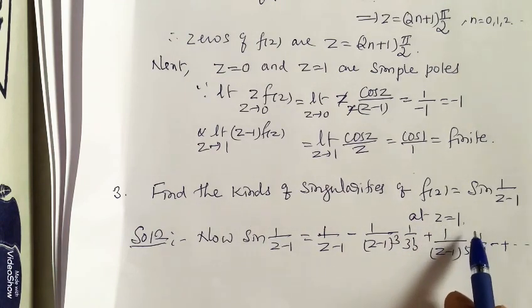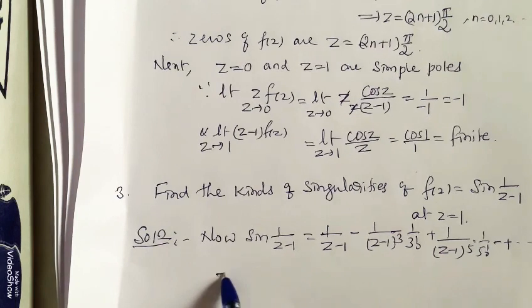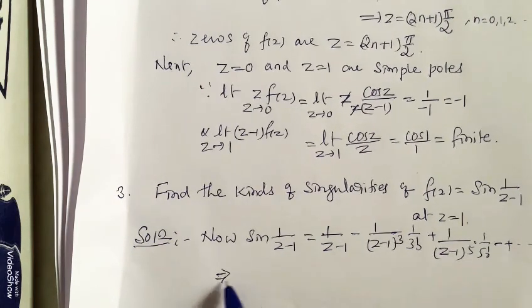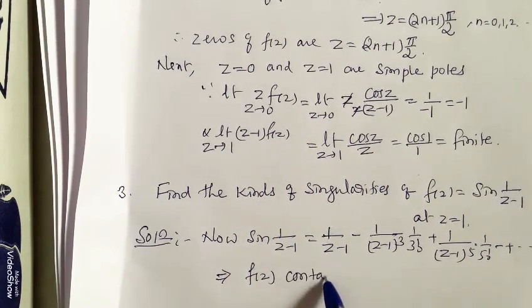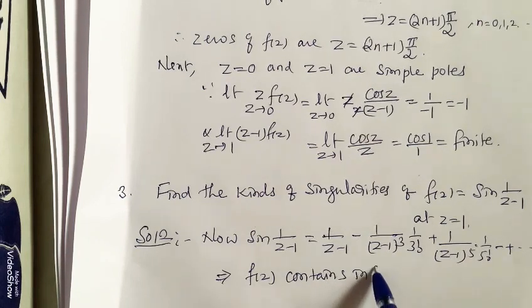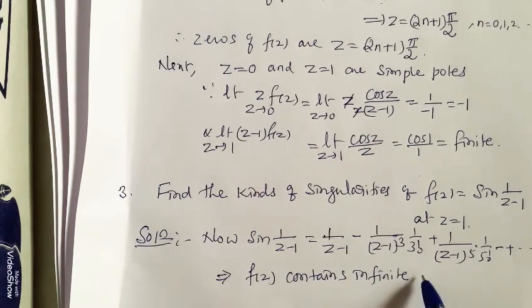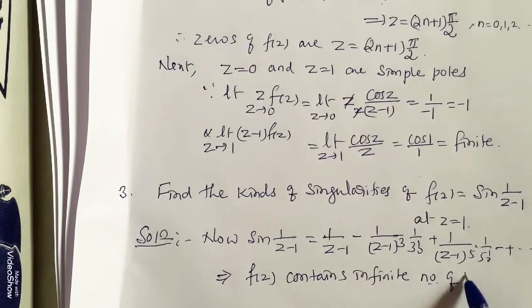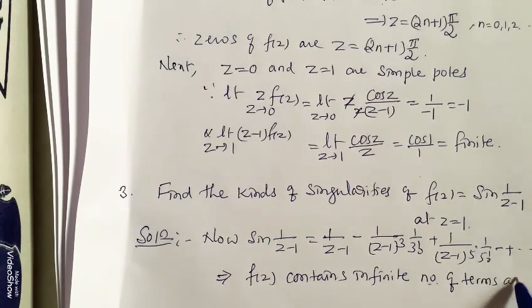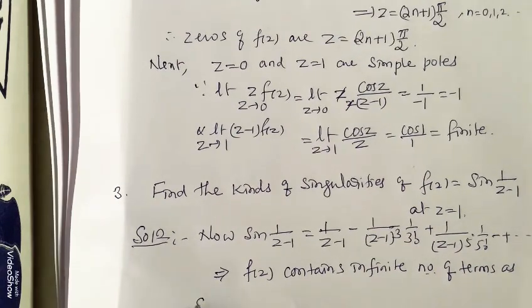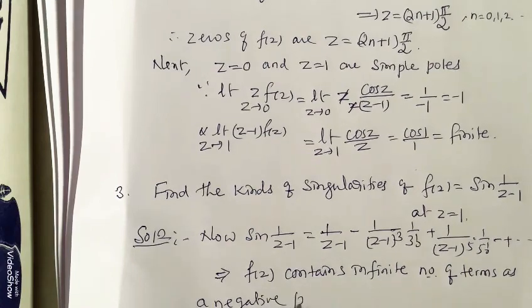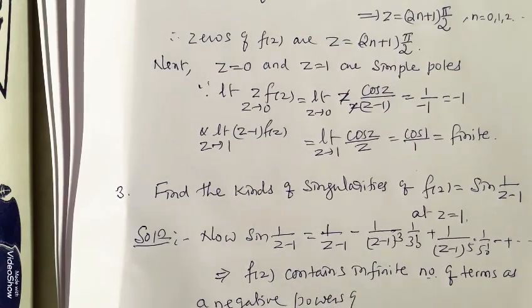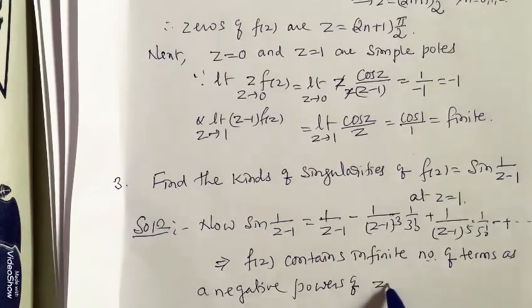Therefore you can say that f(z) contains an infinite number of terms as negative powers of z minus 1.